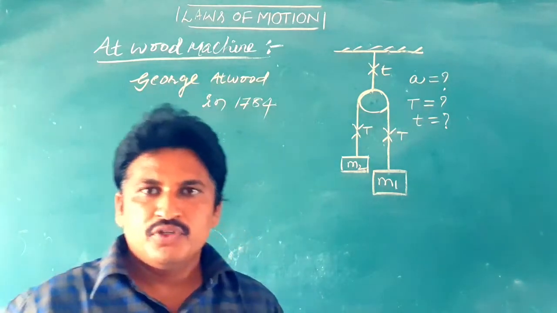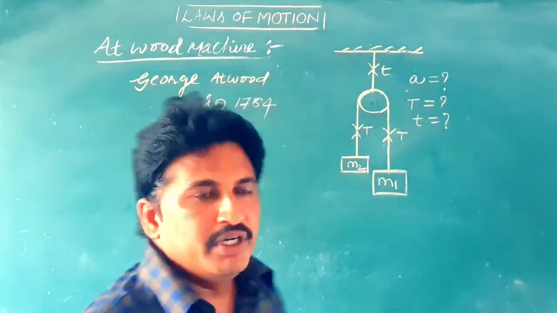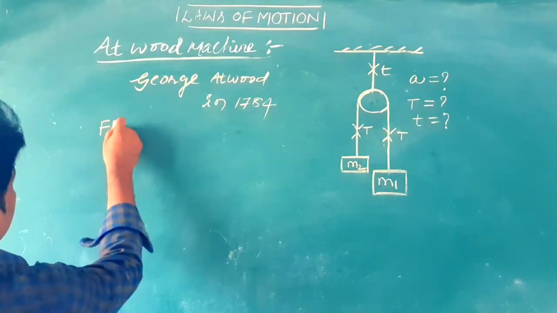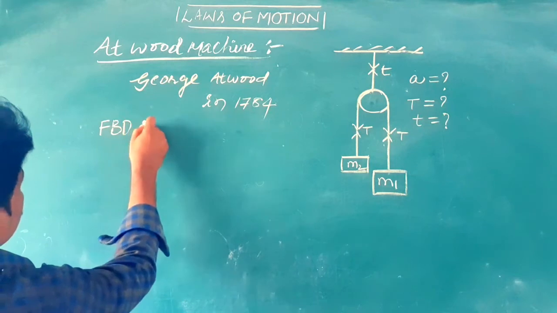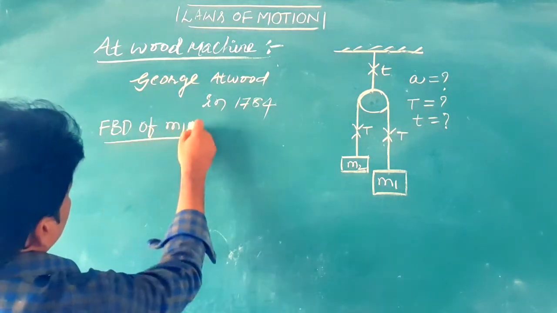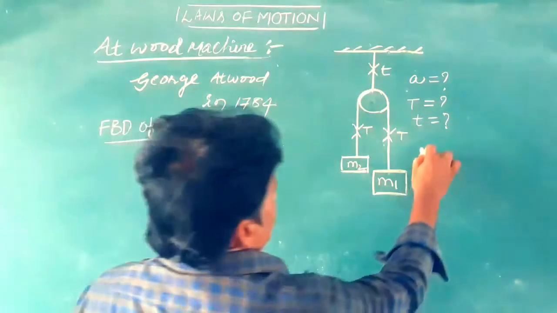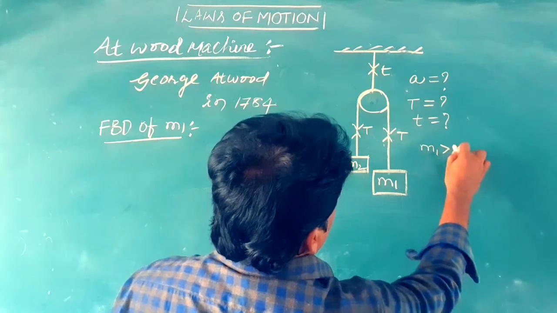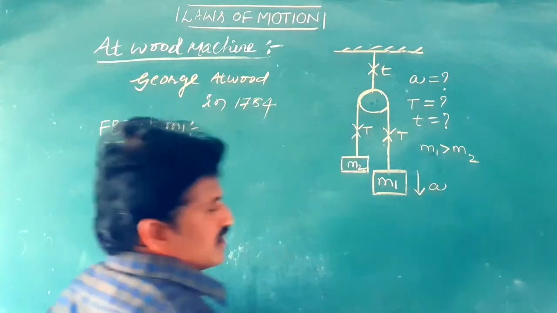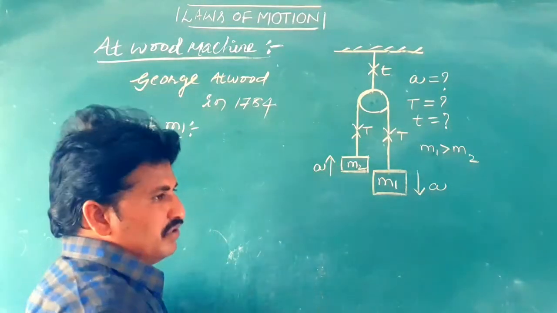For that, we must first draw the FBDs of the two blocks. FBD of M1. Before going to it, one more thing I want to tell you. Considering M1 is more than M2, M1 moves downward with an acceleration, and M2 moves upward with the same acceleration, students.